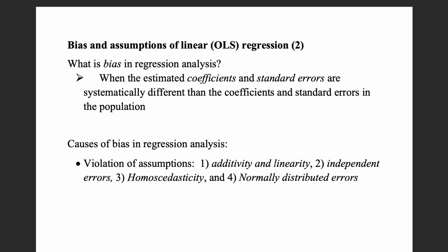Those are four standard assumptions that these models make, which may or may not be true, because they are assumptions, meaning we assume them to be true, but they might not be true. And if they are not true, then our regression analysis will be biased. So the average of our coefficients and/or standard errors will not be identical to the true population regression coefficients and standard errors.